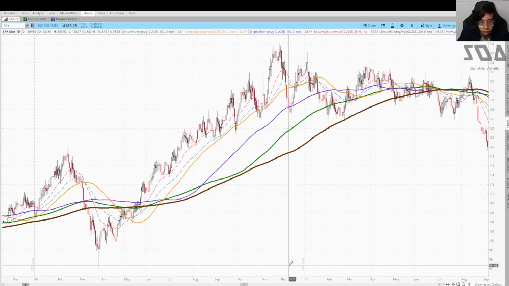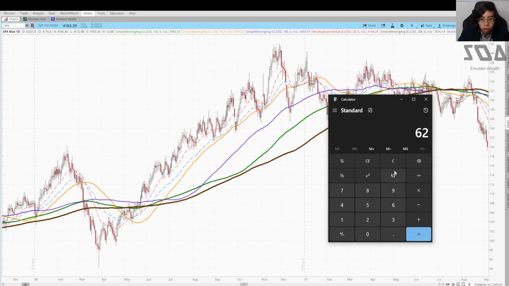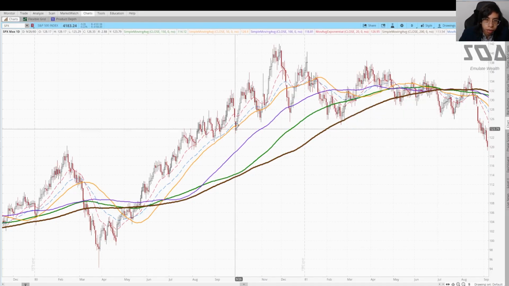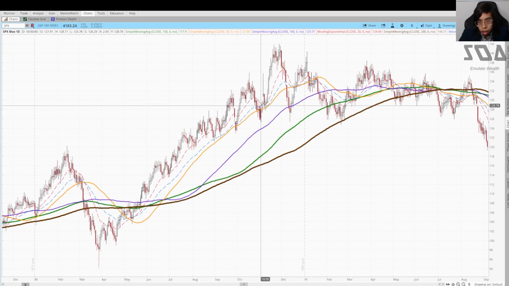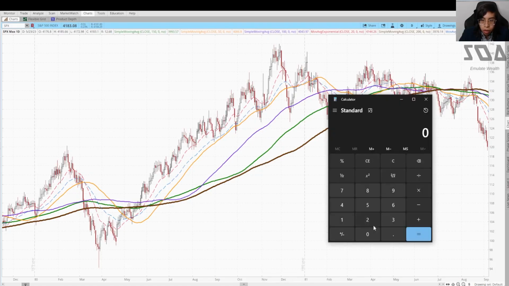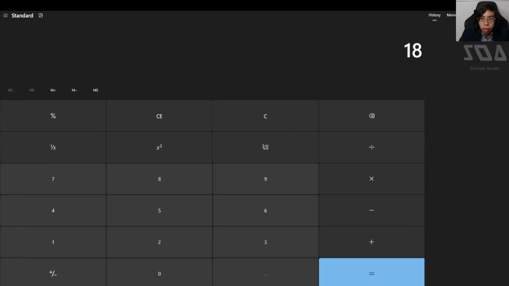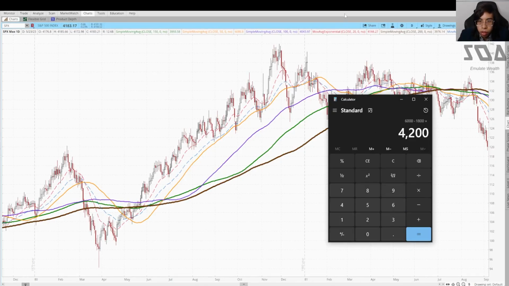Let's say about 15%. 15% of 6,000 would be about 900. So let's say you decided to put $900 here, and then the next time it hits the moving average, you put in another $900. You would put $900 here, $900 here, so you have about $1,800. You're left with, oh, my bad, $4,200.